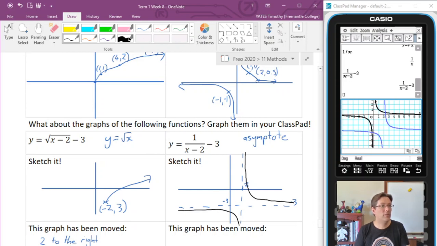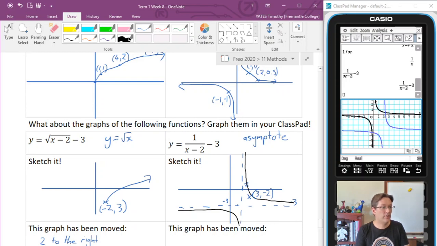Now, one of the things we would have noticed was this went through 1, 1 up here, and it went through -1, -1 down here. So this one's going to go through 3, -2. That's one of the points it's going to go through, and we can see that there. It's going through 3, -2 up there.